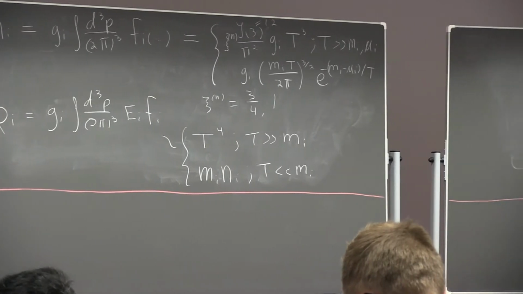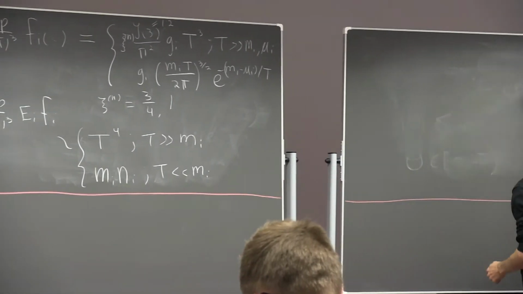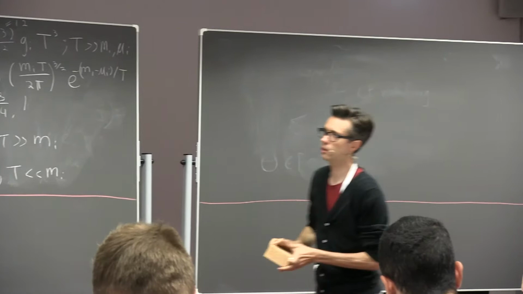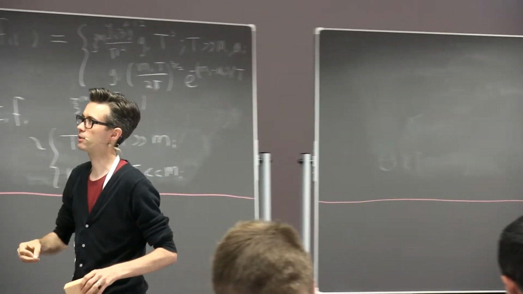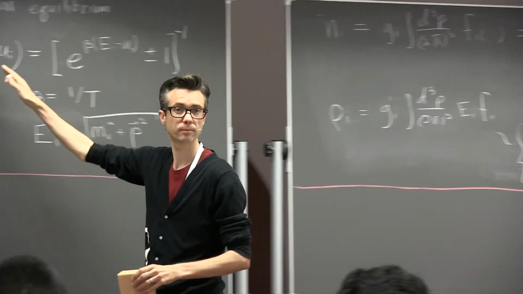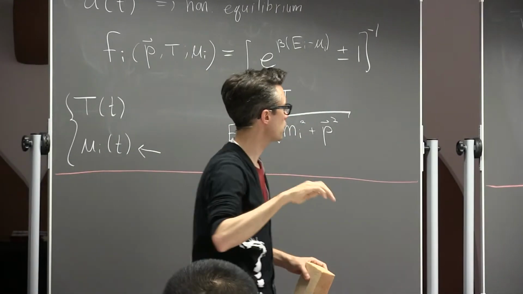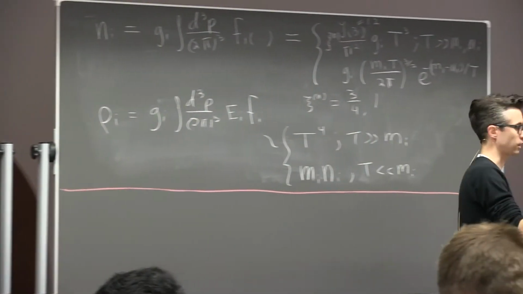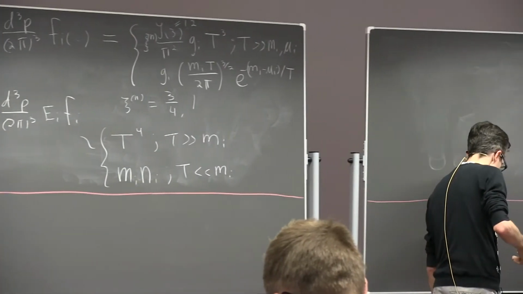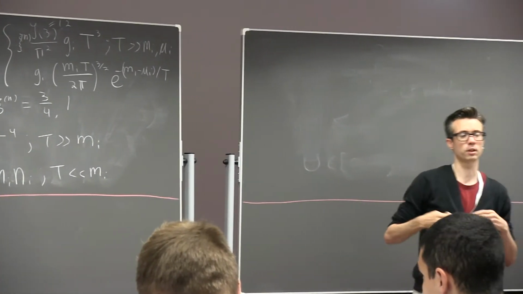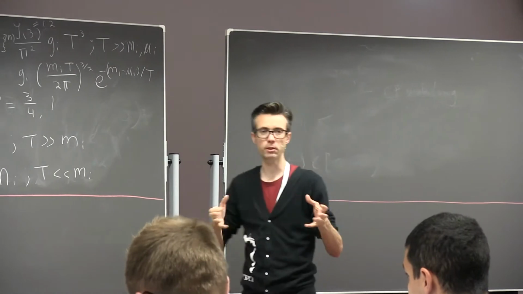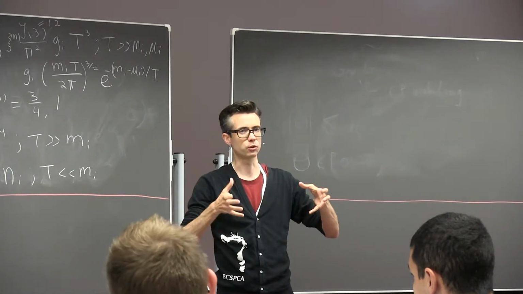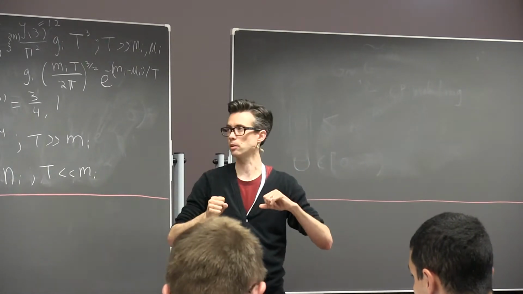Now, one thing I assumed implicitly when I wrote this stuff down is that all the particles have the same temperature. And all the particles in the system will have the same temperature as long as they can all scatter with each other. Elastic scattering, or even inelastic scattering, is going to distribute energy from one particle to another, and it will drive all these particles to have the same temperature.